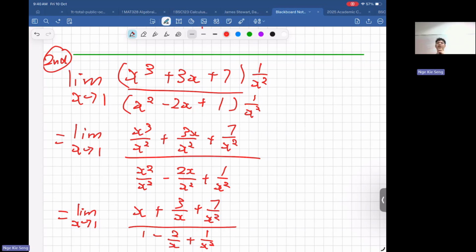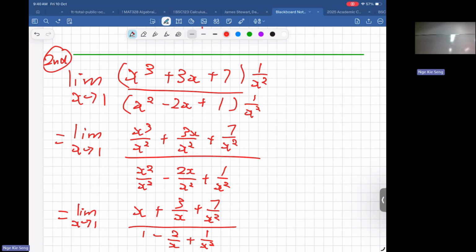If you look at all these functions, what are their limits when x approaches 1? x goes to 1. 3 over x, 3 over 1. 7 over x squared, 7 over 1. Then 1 is a constant.